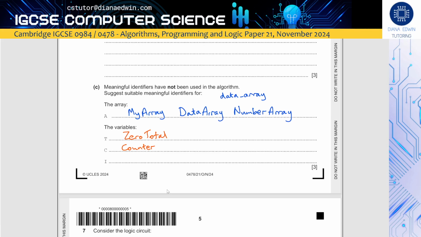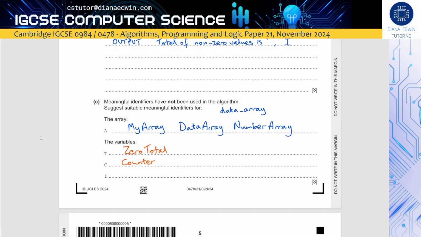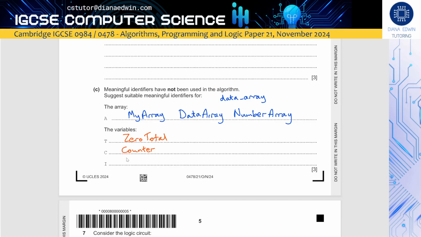Something that makes it really clear what we've got going on. I, that was the one where we've added up all of the non-zeros. So we might say sum of non-zero, or non-zero values, or something like that.